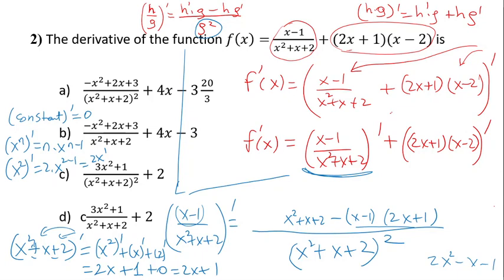So I will write here squared minus x minus 1. And if I remove the parentheses, it will be minus and plus and plus.